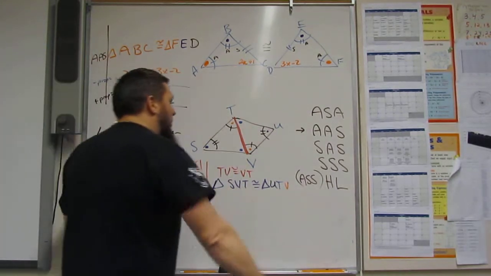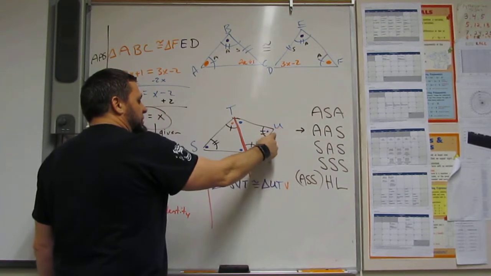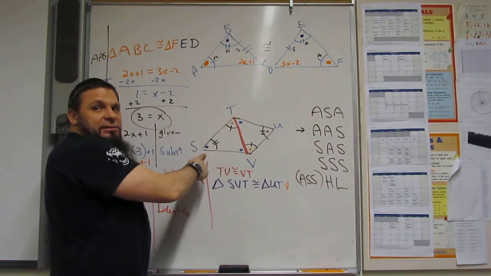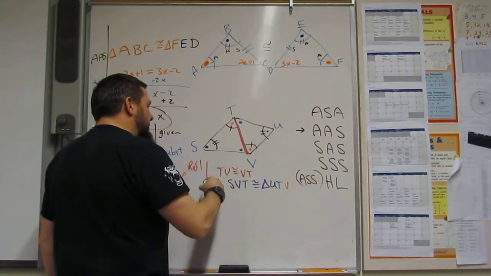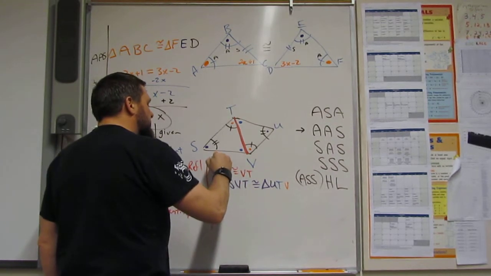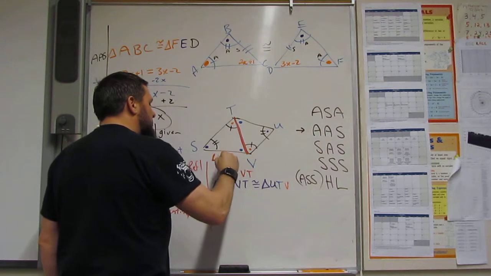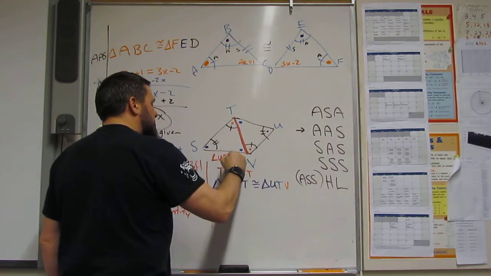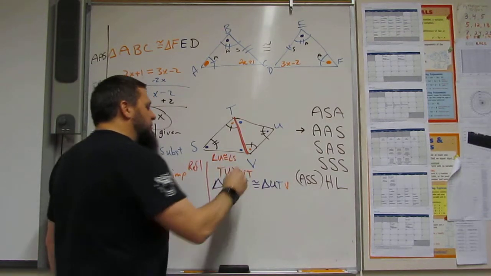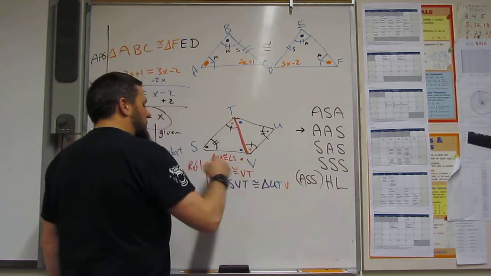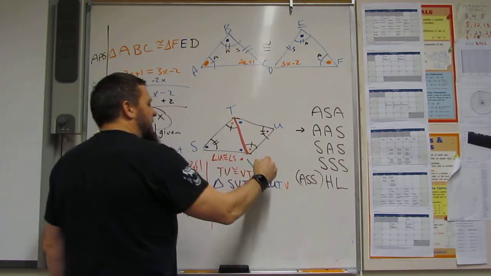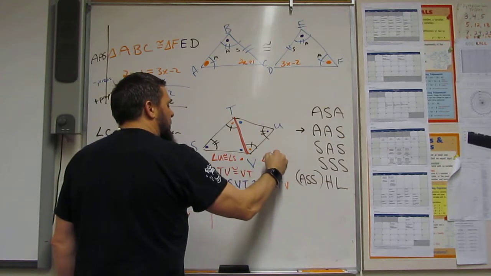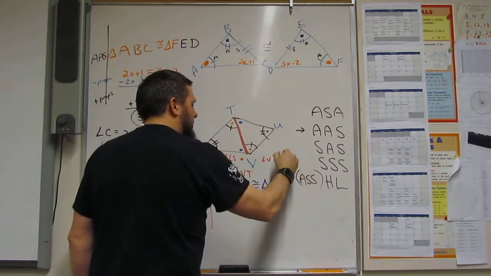Okay? So once I know that these are congruent, I can prove that these are congruent, right? Because I already know that angle U is congruent to angle S. I also know that angle V is congruent to angle T over there.